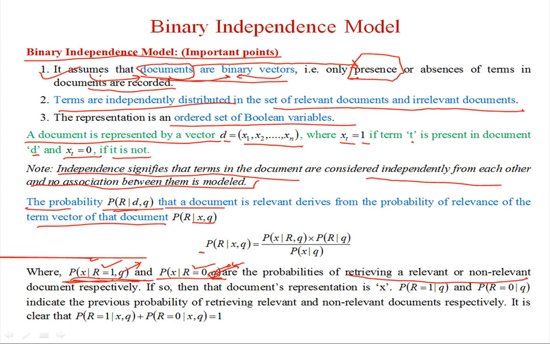So the probability of arrival of relevant documents from the collection when query term q is present in the documents can be calculated by using this equation.